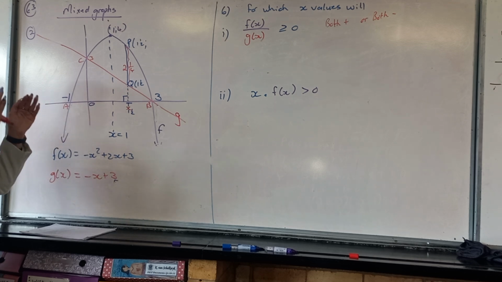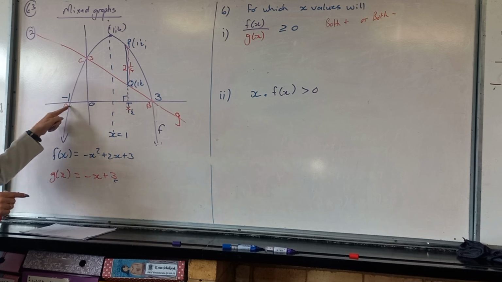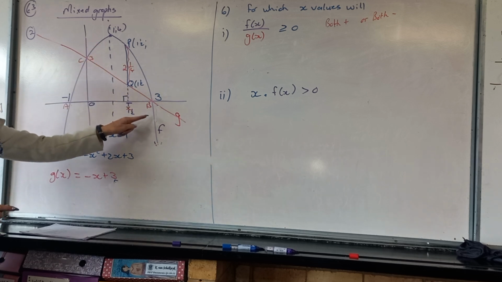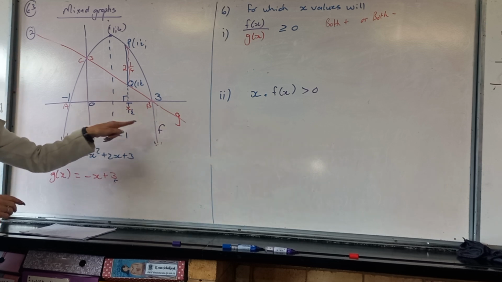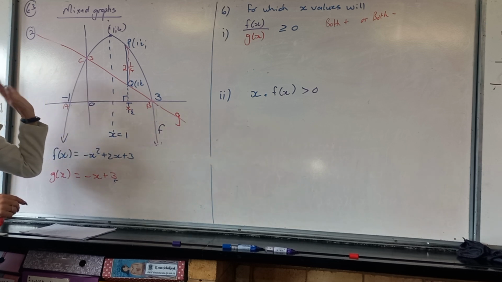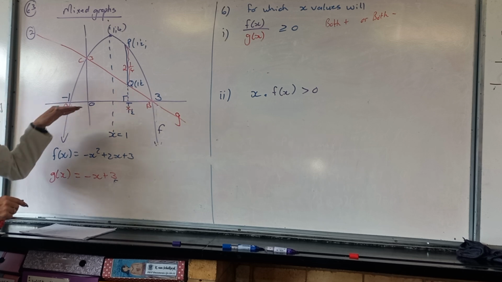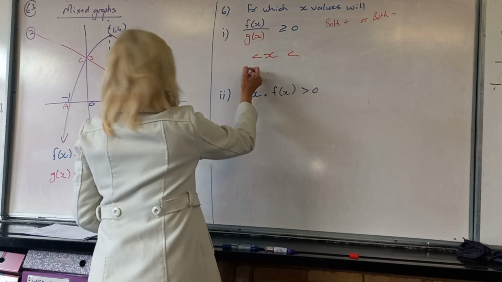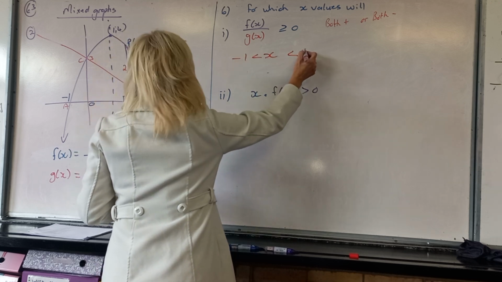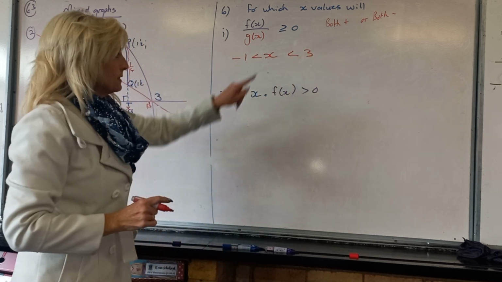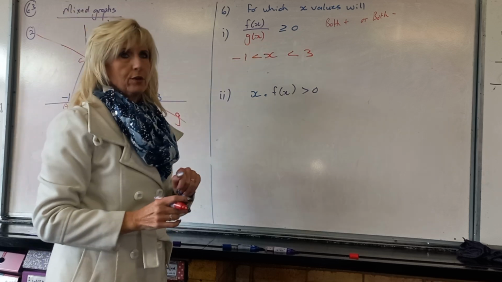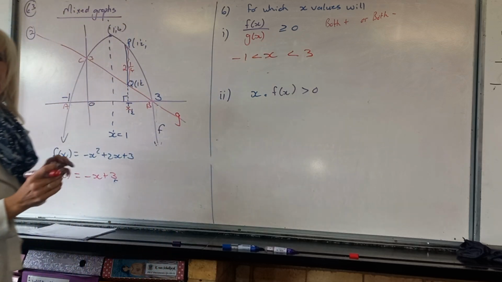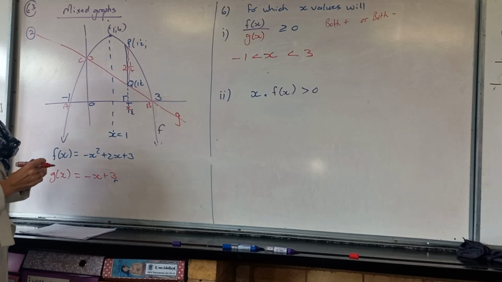And if you're unsure, rather write section by section. So definitely between -1 and 3. You remember when we did question 3, we said somewhere they might use it. Here they're using it. We've done the x-intercepts right in the beginning. So now I know that it's between. So for x between -1 and 3. And then usually if it says include, you can go include. Generally, most of the time, if it says include, you have to include.